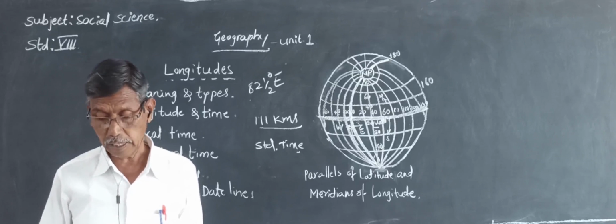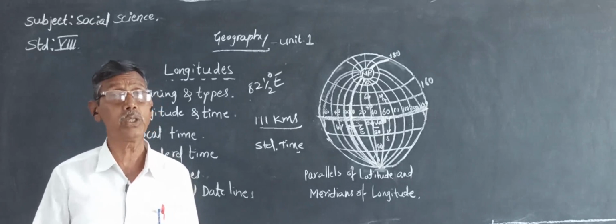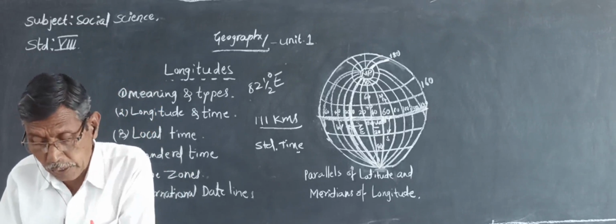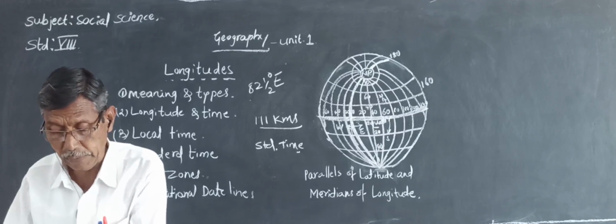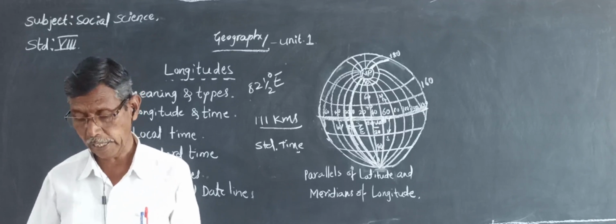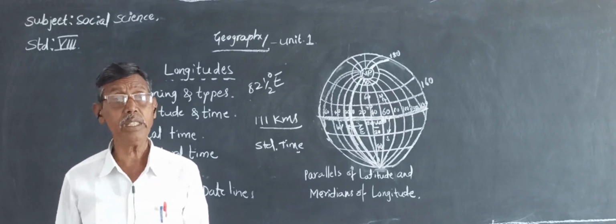In Russia, there are 11 time zones, where the time is different from one zone to another. There is a difference of 3 to 4 hours between one part of the country and another.